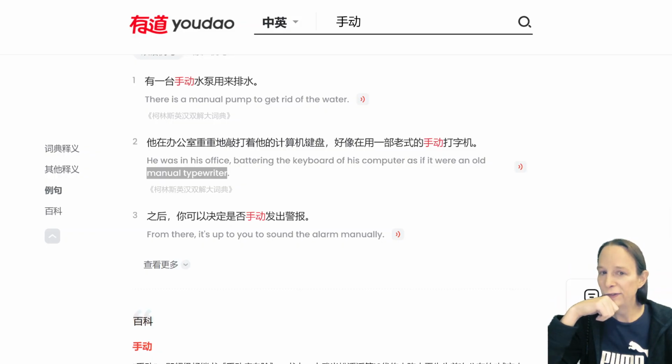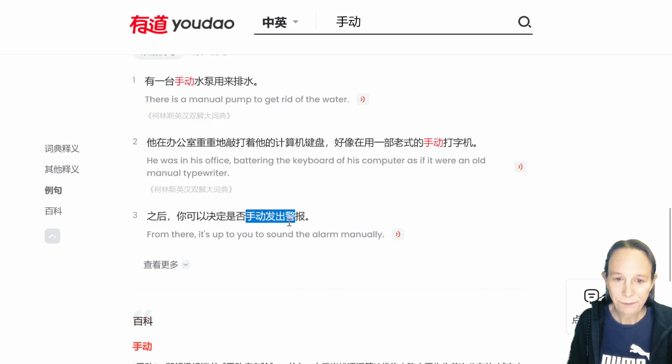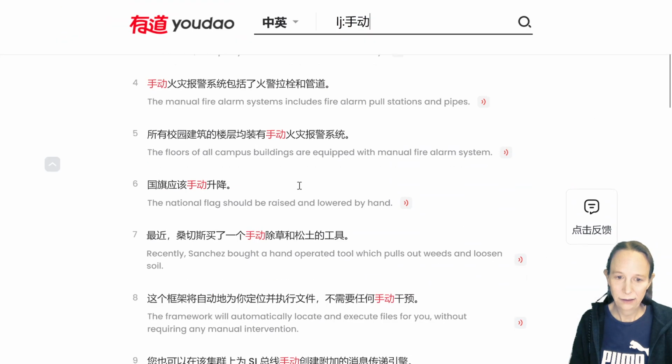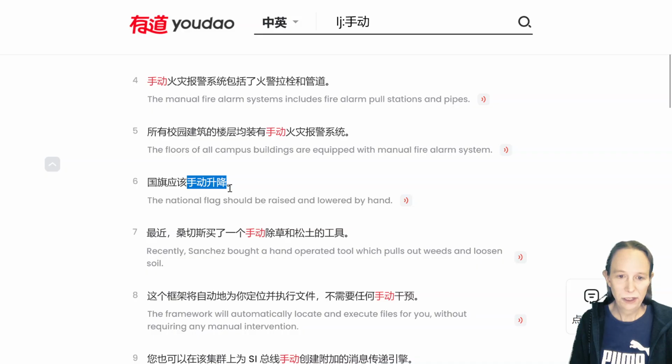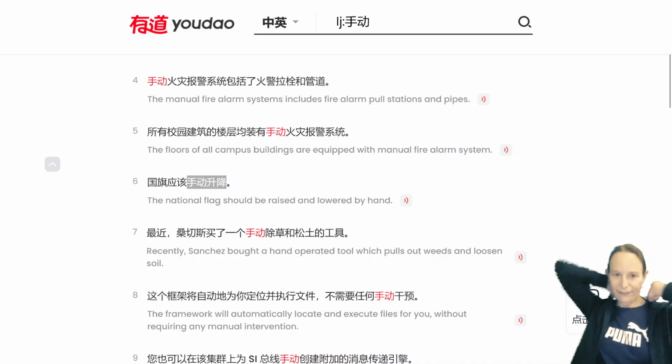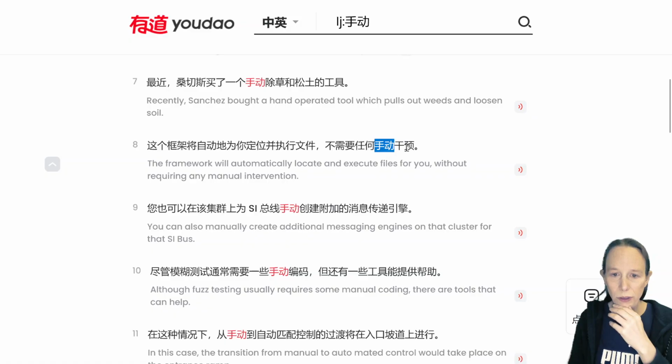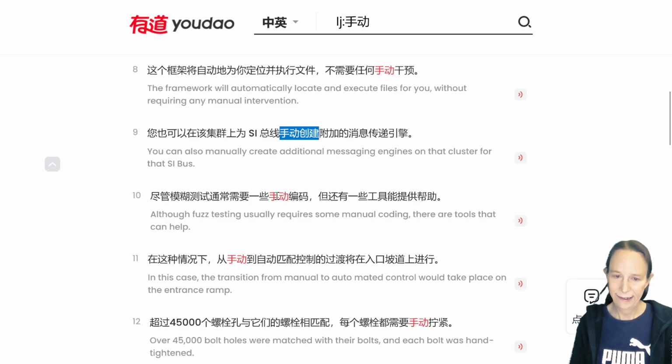What's the opposite of a manual typewriter? 非手动. 手动发出警报. So a manually operated alarm or something. 手动升降. Oh, okay. So this is a flag. It must be lowered and raised manually. 手动干预. Manual interference, manual intervention. 手动创建.